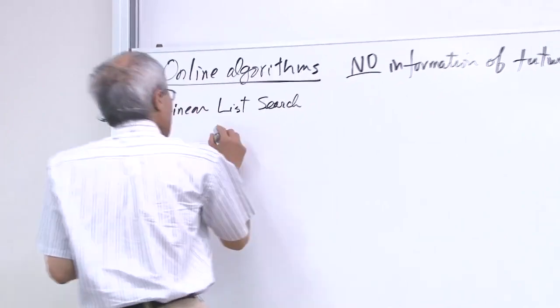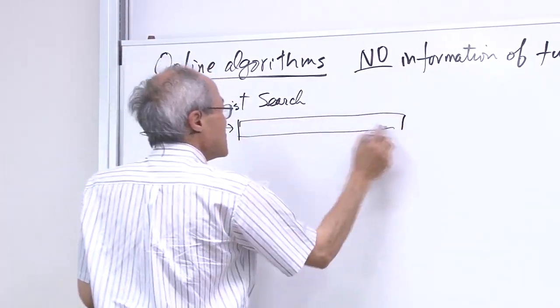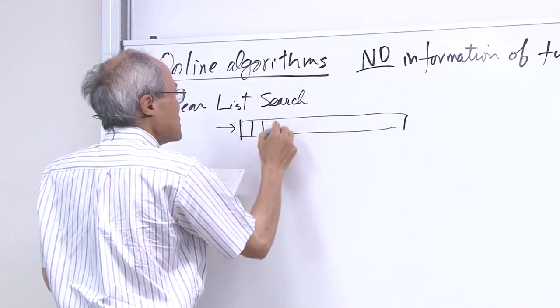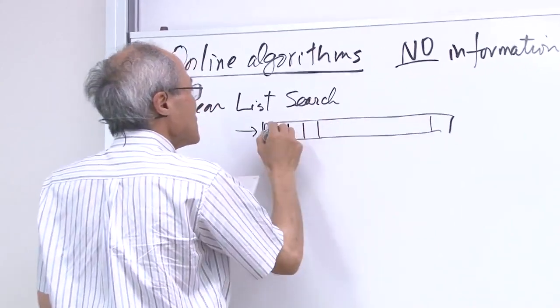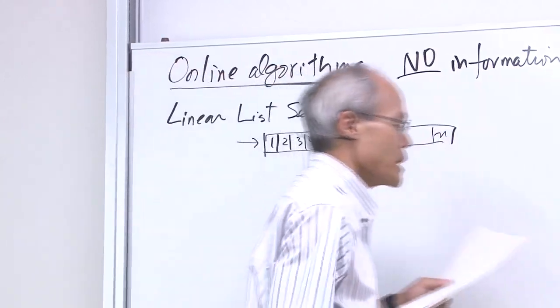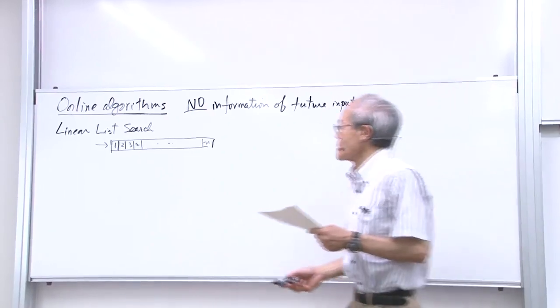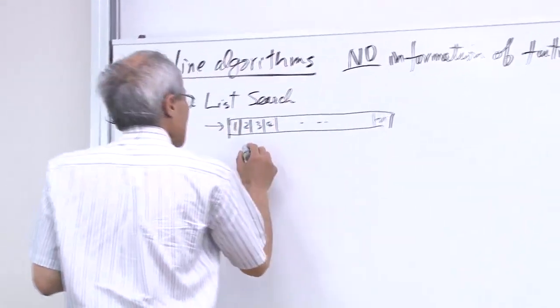So you are given a linear list of length n, then a request comes. Request comes something like 51.